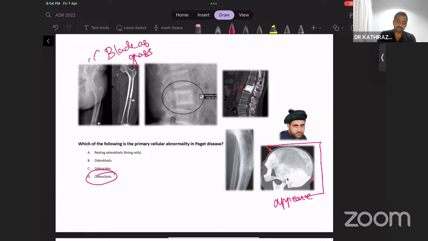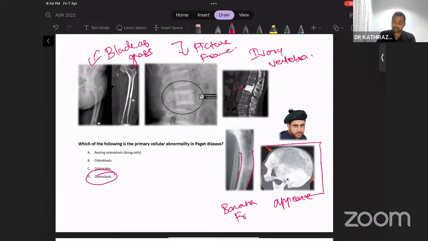That is this picture. You all know picture frame vertebra. You all know ivory vertebra. You all know banana fracture, which is a pathological fracture with Paget's.